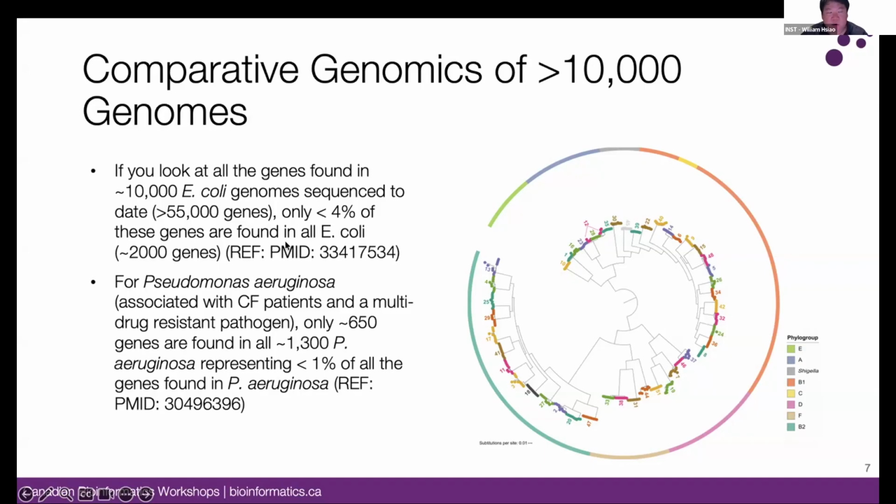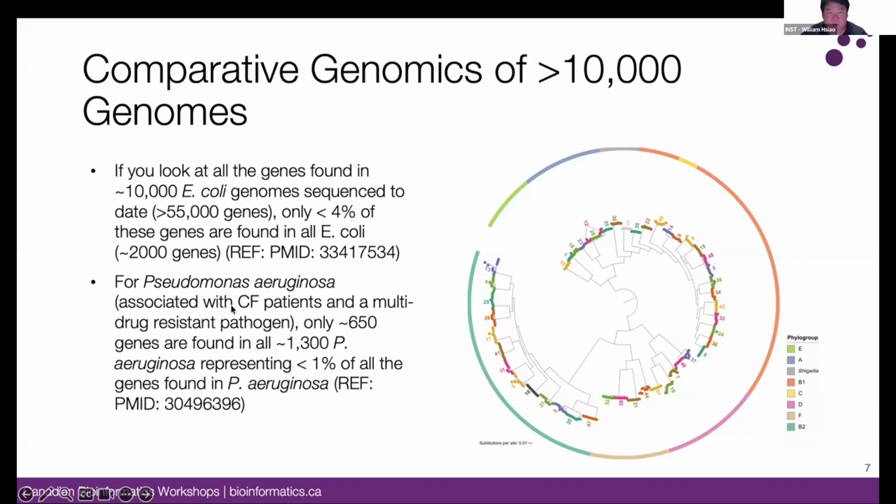So overall you find about 55,000 different genes in these 10,000 E. coli, and they only share about 2,000 of these genes. So that's roughly 4%.